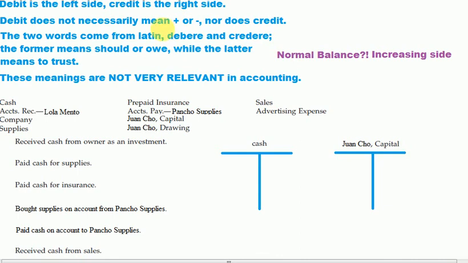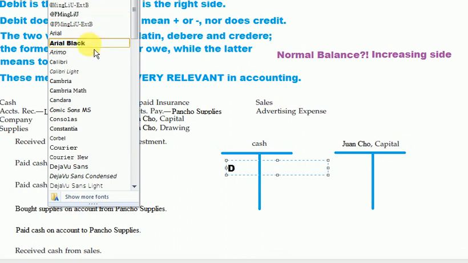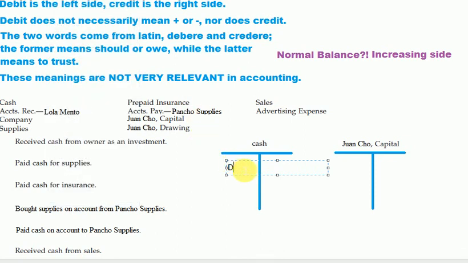So this is what I recommend you do when you put a T account. You want to put the DR. Let me change the font, and the CR.